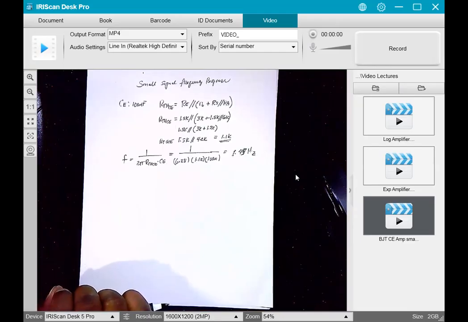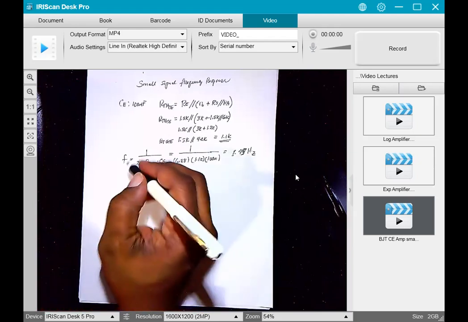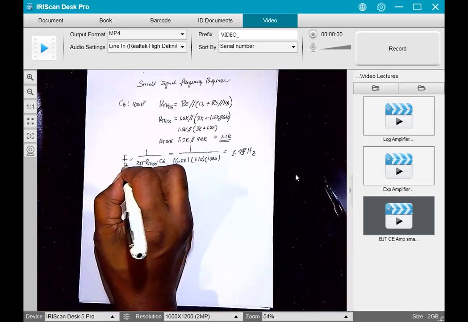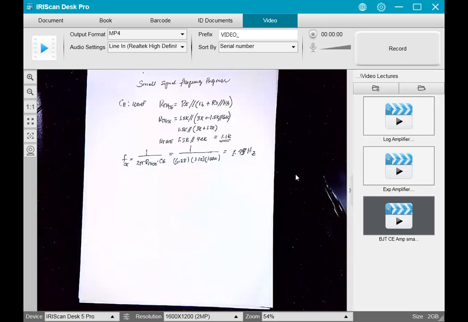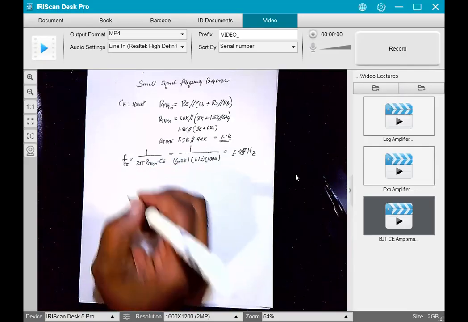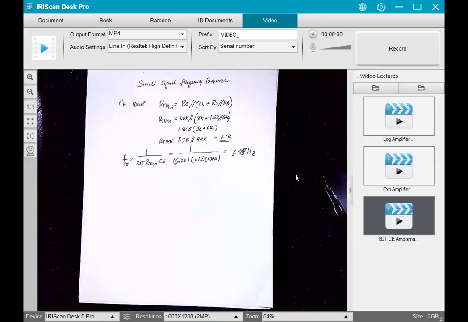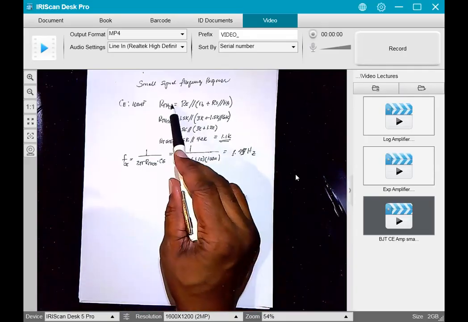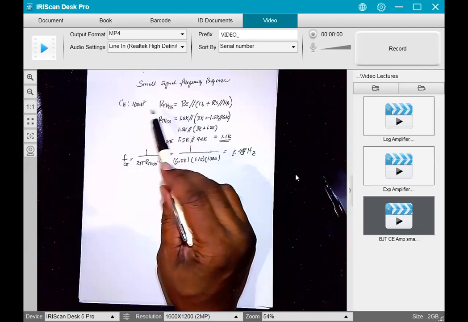I don't need 4 decimal places for a frequency. So if you did 1.45 or 1.4, I'm okay with it. One or two decimal places is more than enough. So that's my R Thevenin seen by my CE capacitor.